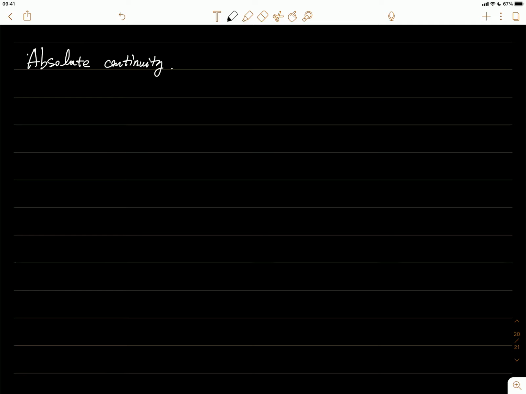Okay, the lemma. Suppose we have a function f, and the derivative of f exists and is equal to 0 almost everywhere on this interval.